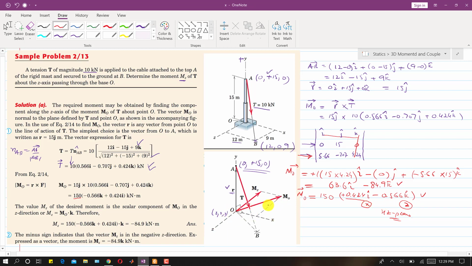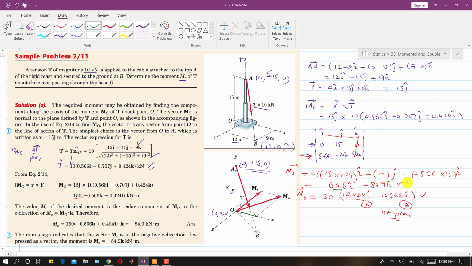So this is the moment about O, and if I draw the components of this moment, this component will be along positive x, and the magnitude of this moment is equal to 150 into 0.424, so this is equal to 63.6, in kilonewton meter.